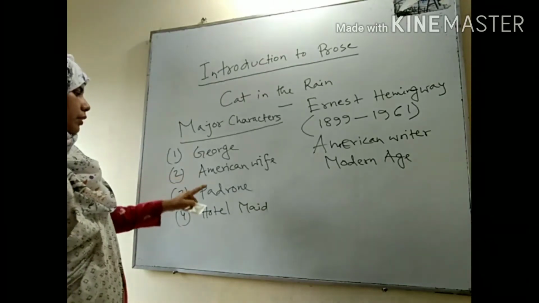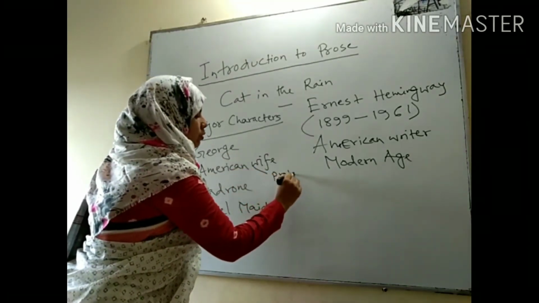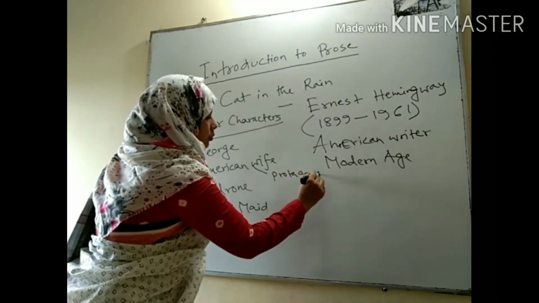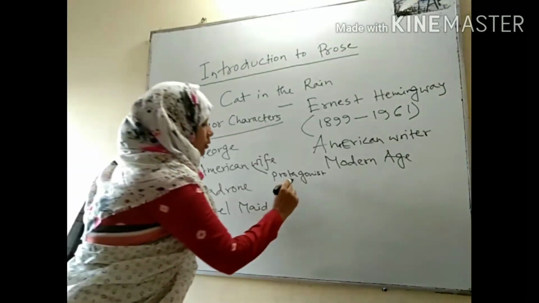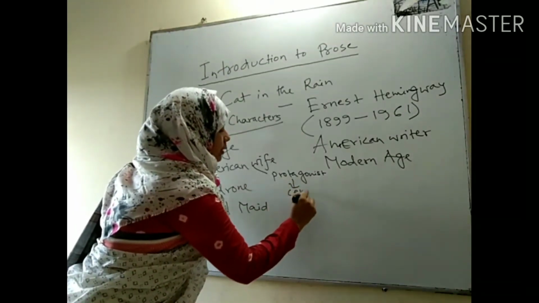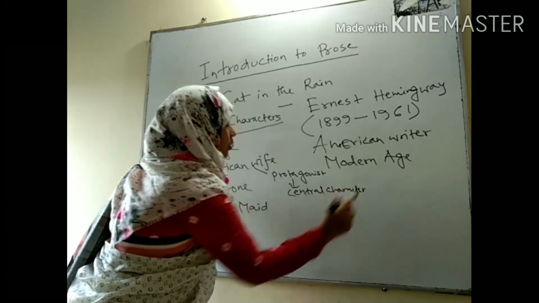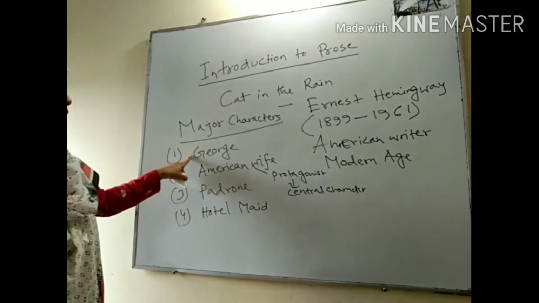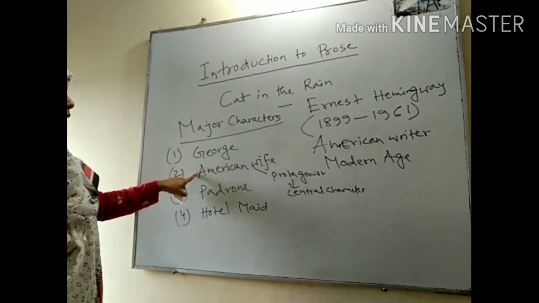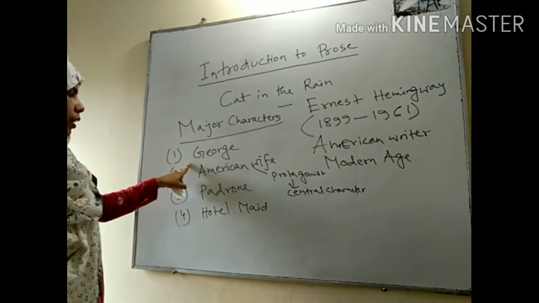American wife is the protagonist of our story. Protagonist means central character. The story basically deals with husband and wife. They are an American couple.